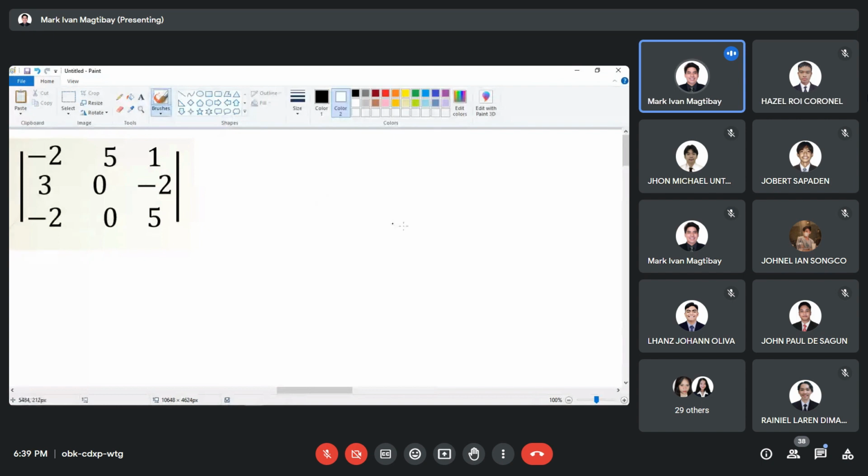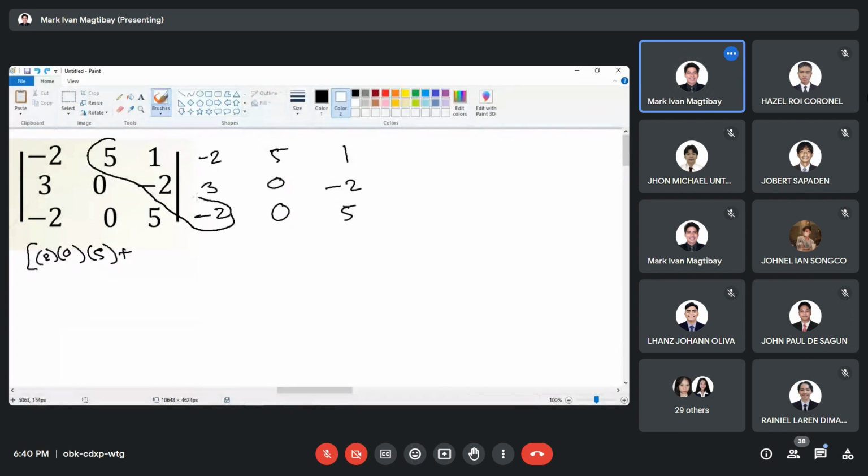Okay? So first method, write po natin ang mga value. So this is negative 2, 3, negative 2, 5, 0, 0, and then 1, negative 2, 5. Okay? So first, yung mga pababa muna. Itong part na to. Okay? So, 2, 0, 5 plus itong part na to.